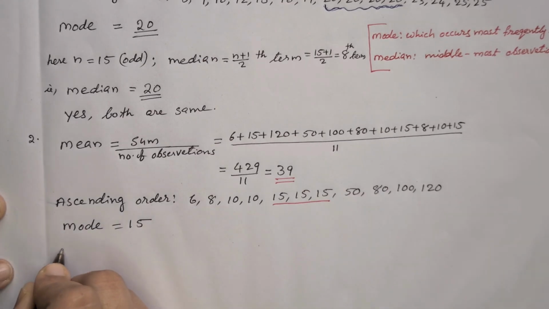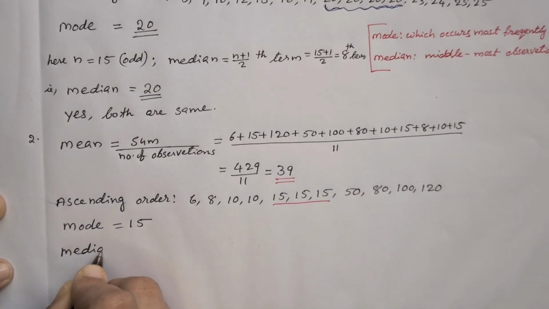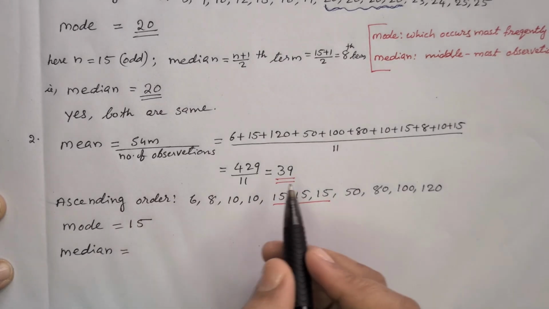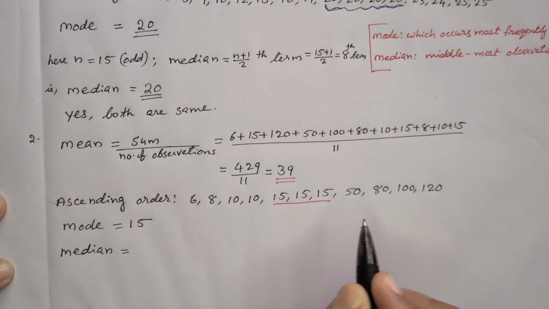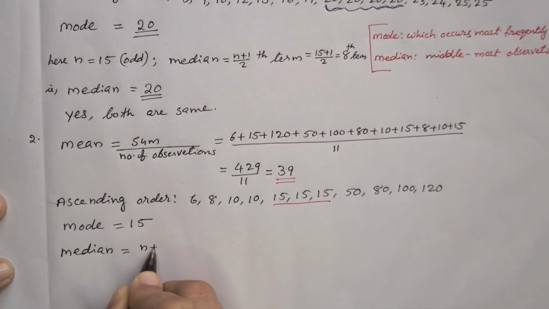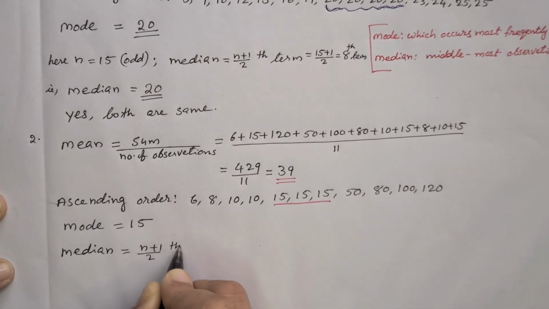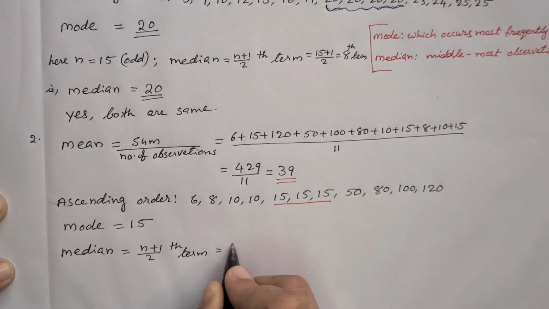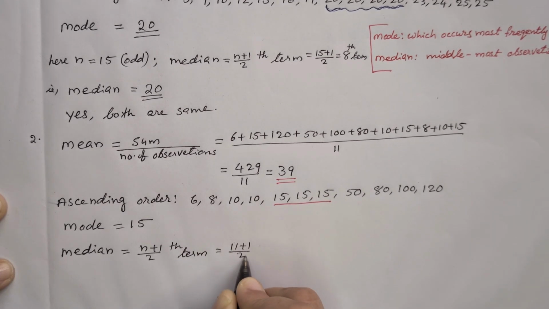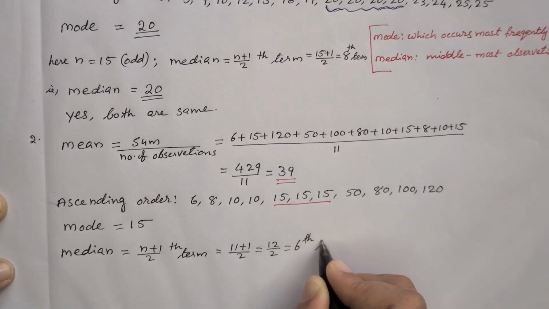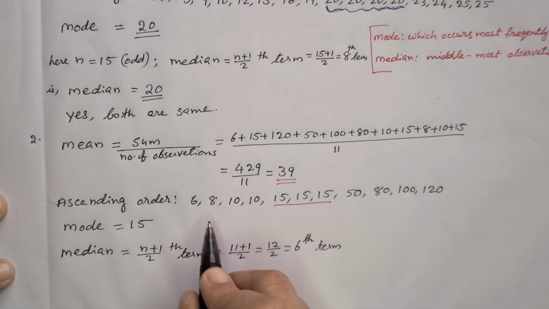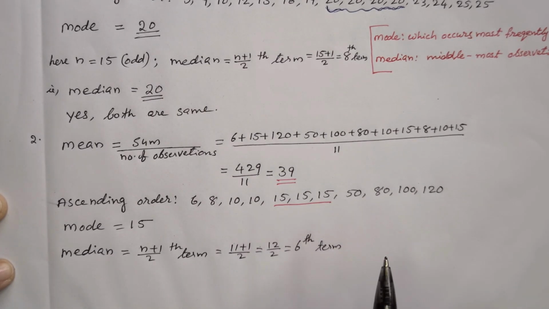Next is median. Here n is 11. 11 observations are there, and 11 is an odd number. So we have to find the (n plus 1) by 2th term. 11 plus 1 by 2 is 12 by 2, that is 6. So median is the 6th term after arranging in increasing order.